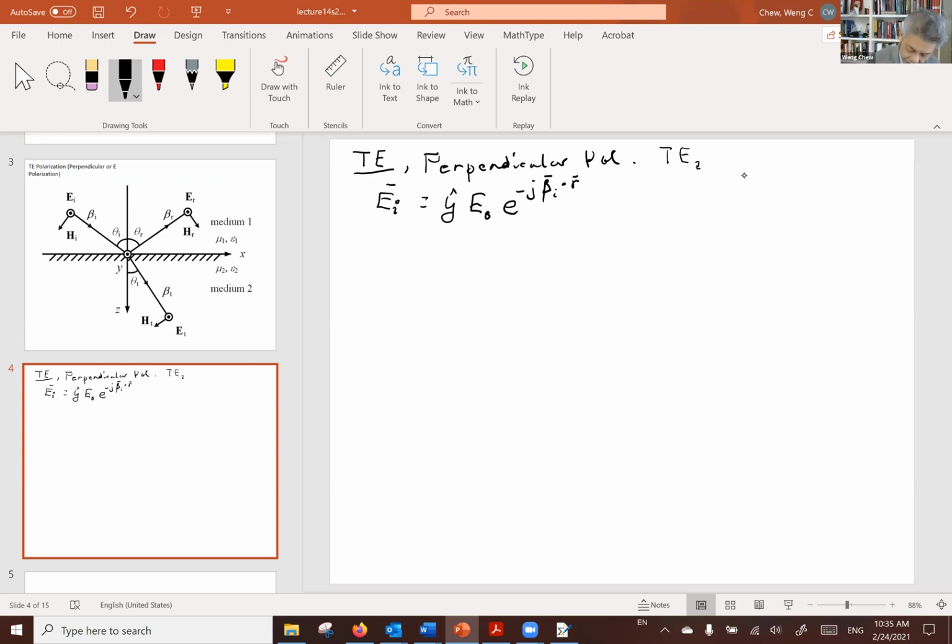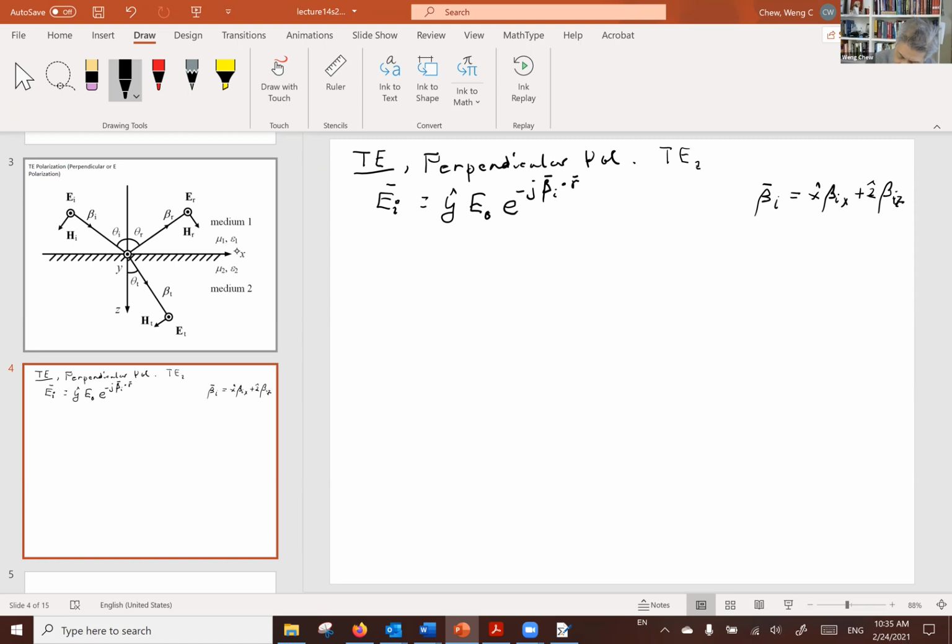If you write out beta I, it points in that direction, with a positive x component and a positive z component. Beta I would be a vector with a positive x component plus a vector with a positive z component.